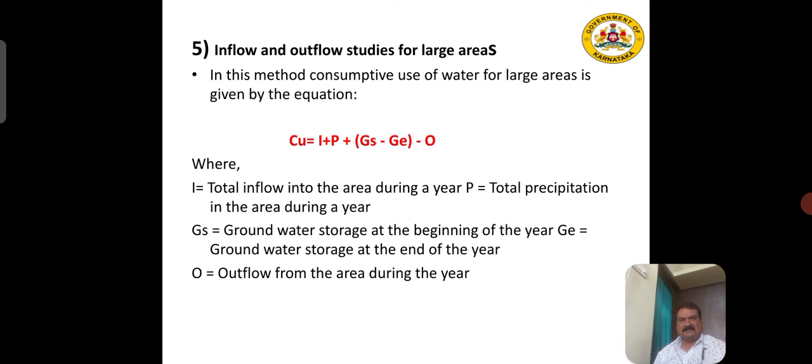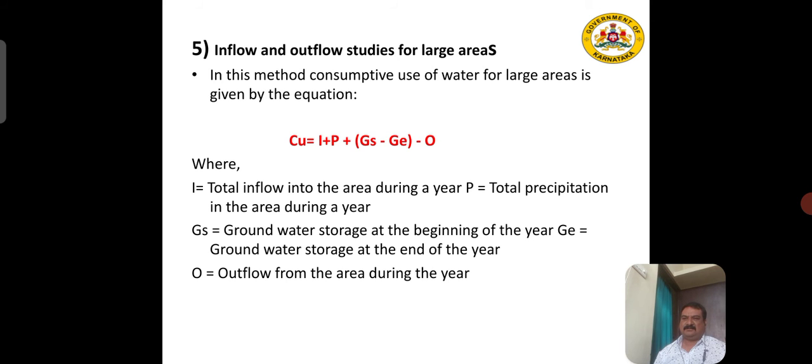Next method is inflow and outflow studies for large areas. Here, consumptive use of water for a large area is given by Cu equals I plus P plus Gs minus Ge minus O. Cu is the consumptive use of water.